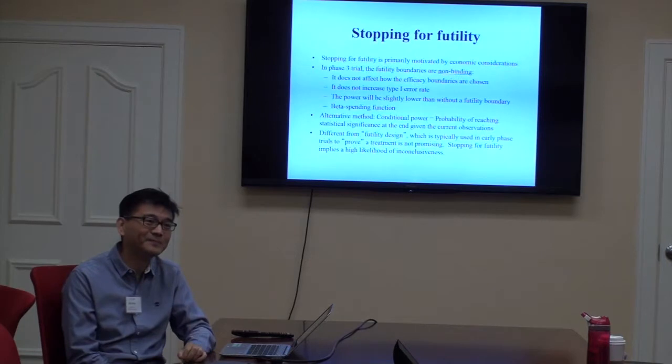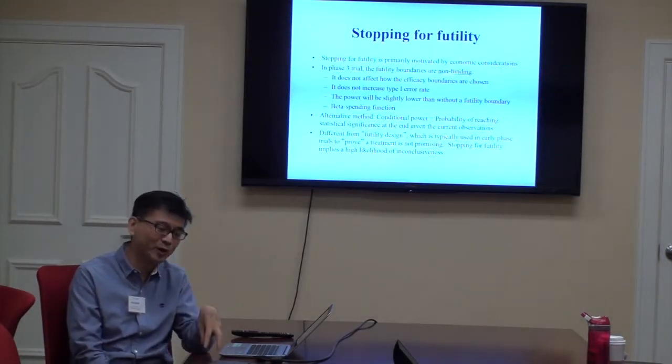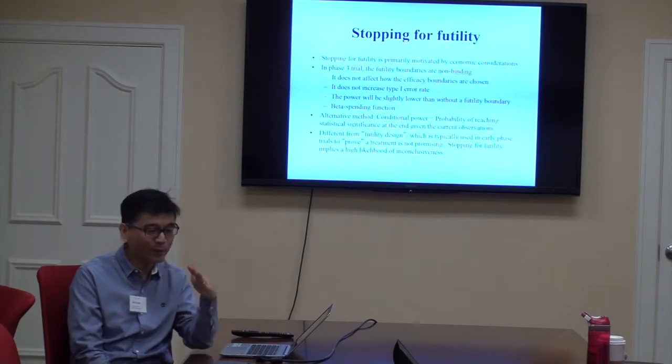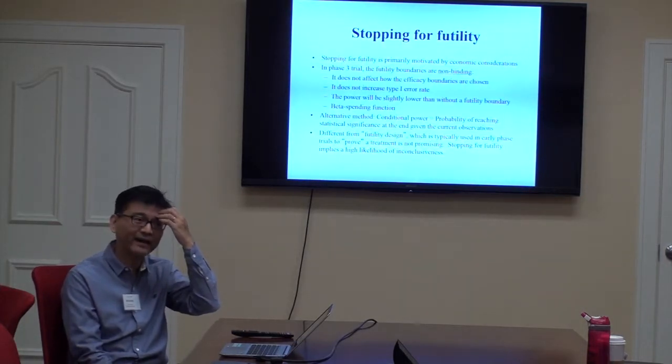So for futility, you are using a beta spending function. Yeah, so that's a corresponding method to come up with a boundary, a beta spending function, which is an interesting idea. I don't like it because it requires some assumption.